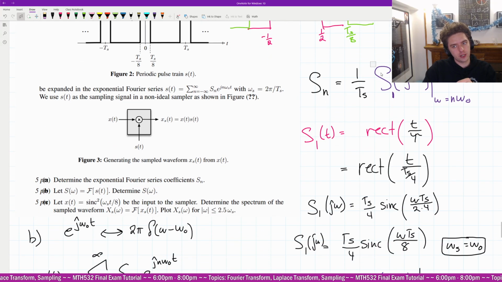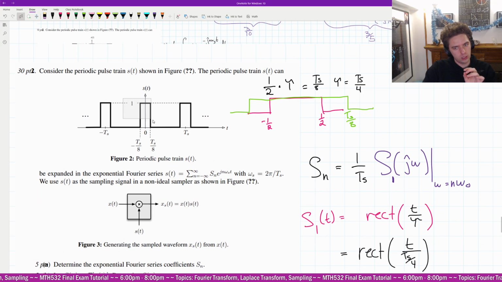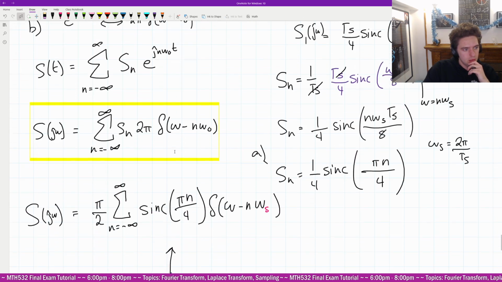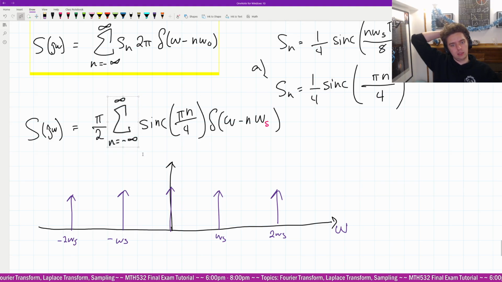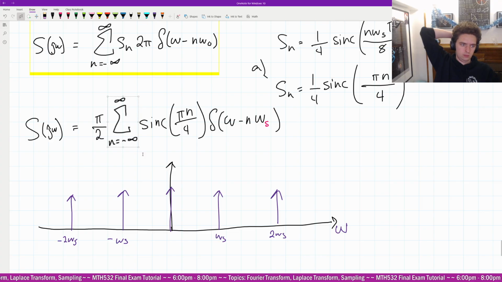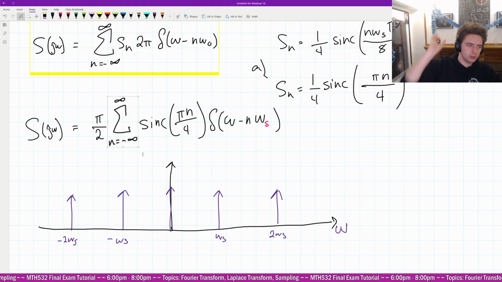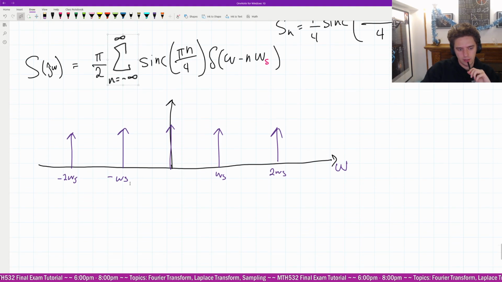So what I did, I found the Fourier transform of S1, which is what I'm just calling one single little bit. Do you not need to evaluate the summation? It's an infinite summation. You can't evaluate it. This is what it is. There's nothing to evaluate, really. It's a sum of infinitely many impulses.